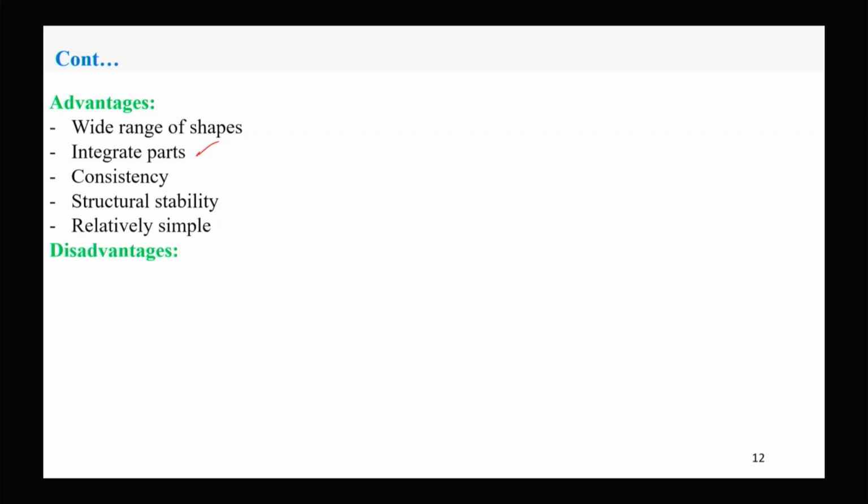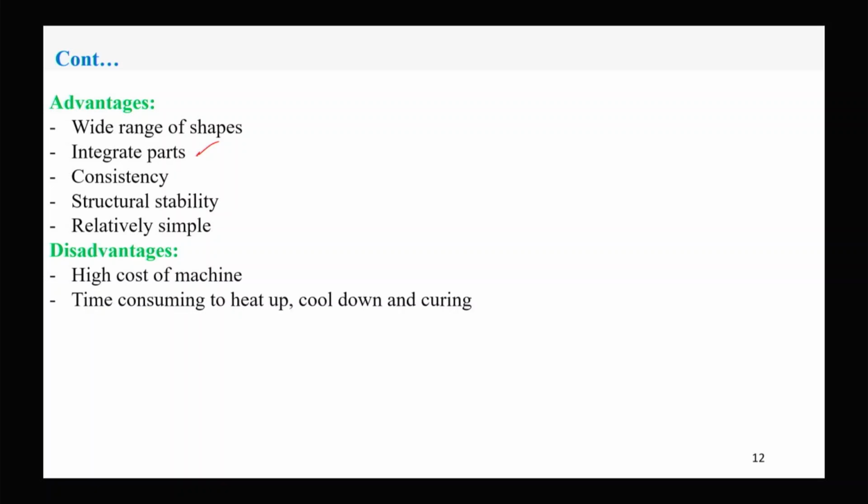It's a relatively simple system, and the main disadvantage is the high cost of the machine because of the mold shape. It is time consuming to heat up, cool down, and cure. To heat up to a certain temperature takes time, and after heating up, it has to cool down naturally, so it takes time. Expensive molds are there.